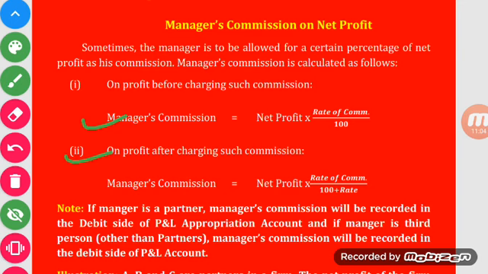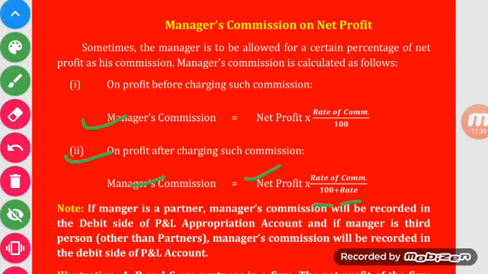The second condition: on profit after charging such commission. It means commission will be provided after charging manager's commission on net profit. Here manager's commission is equal to net profit into rate of commission upon 100 plus rate. 100 plus rate means in net profit, 100% is the profit amount plus whatever rate of commission, both are included in net profit.